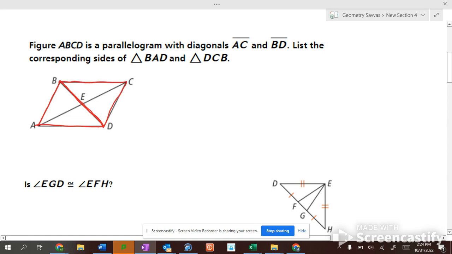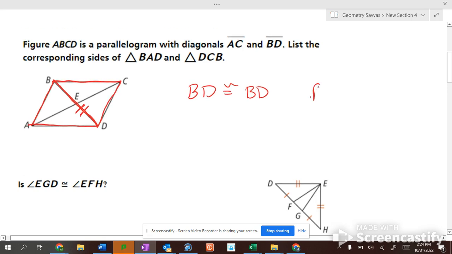What are the corresponding or overlapping sides of those two triangles that I just outlined? And the answer is BD. BD is congruent to BD. Those are the overlapping sides. When it's the same thing on each side, we're going to use the reflexive property.